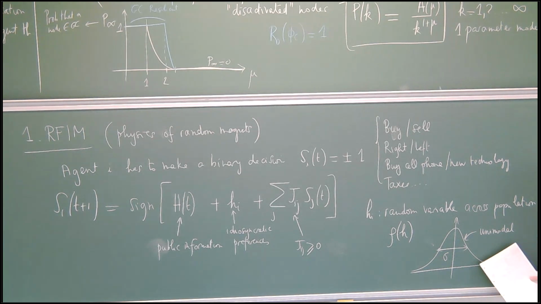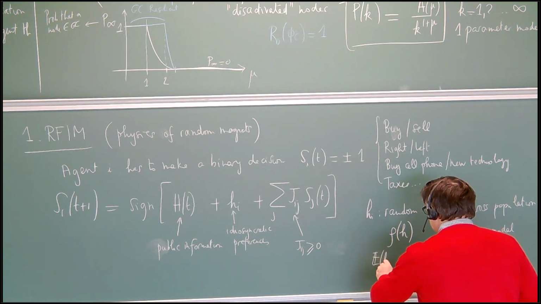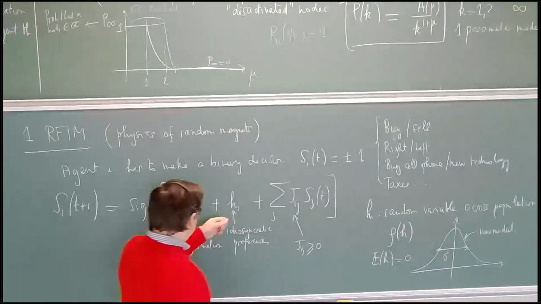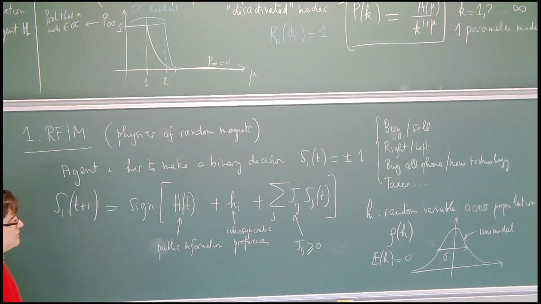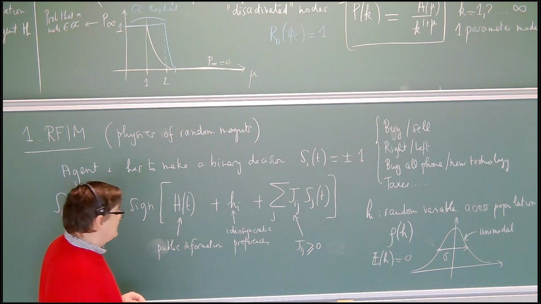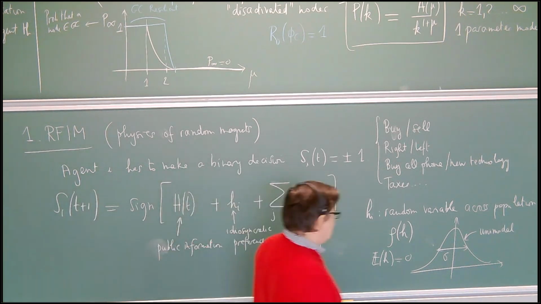The mean is irrelevant because the mean I can always shift to 0. I'm going to assume that E of h is 0 because the mean of h_i I can always put into capital H. Okay, if h_i has a non-zero mean, I can subtract the mean and add it back to H(t), and it's going to be a kind of public information. So this is without loss of generality that I can impose that the mean of h is 0.